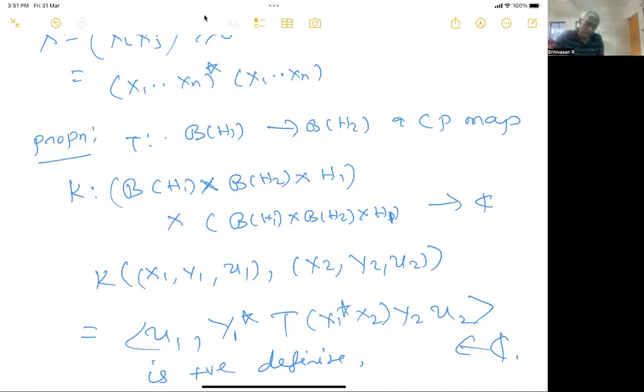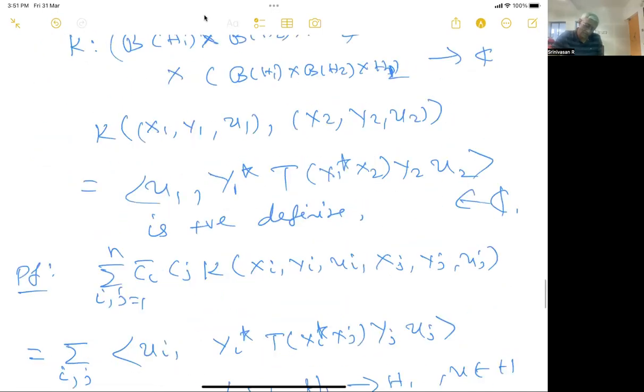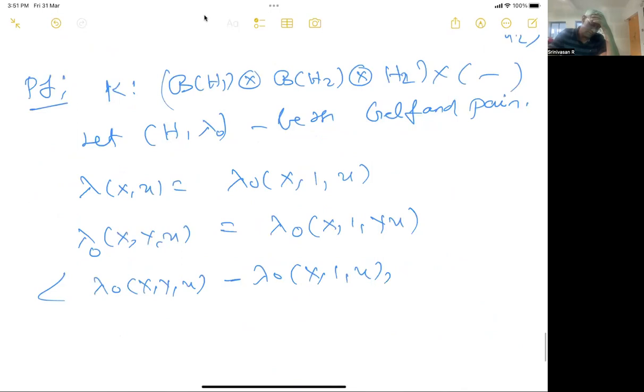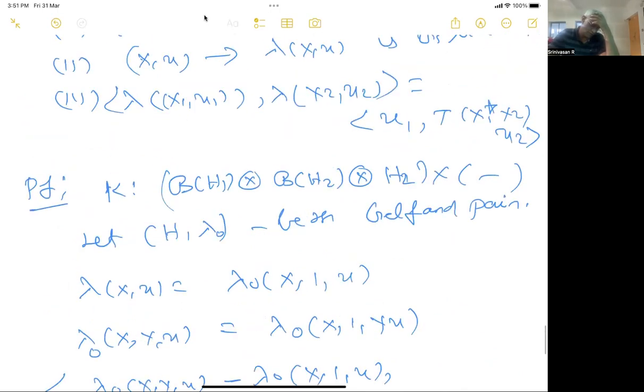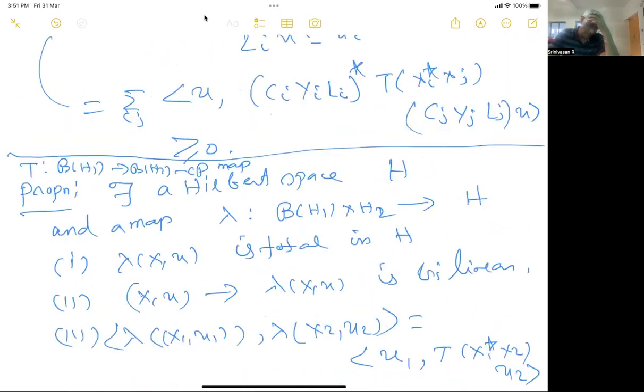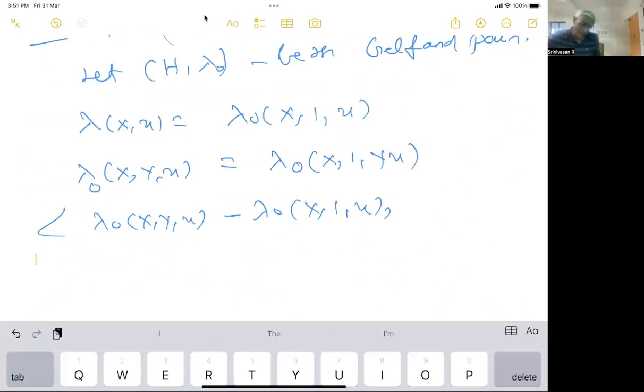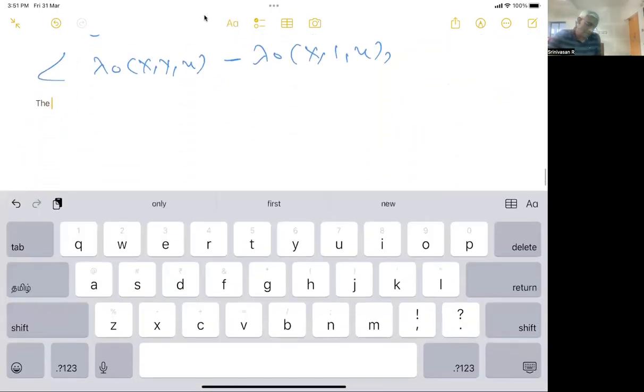So this is also H2. Sorry. Yeah, now it makes sense. I have written H2 here, but anyway, it's okay. Now you take the inner product with any other.